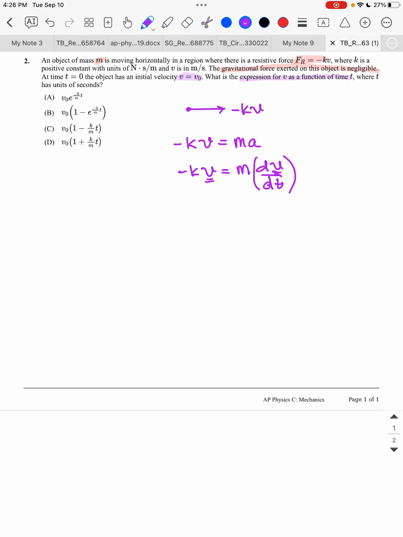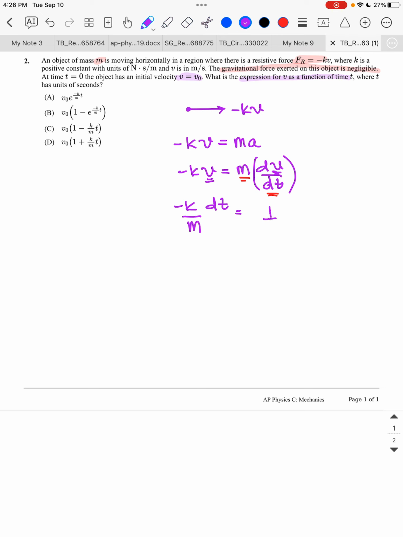So I'm going to bring all my constants, my mass here, and my dt to the other side. What that does is it gives me negative k dt over m, and I'm putting all my constants to the left just because I know it's going to look nicer when I integrate.